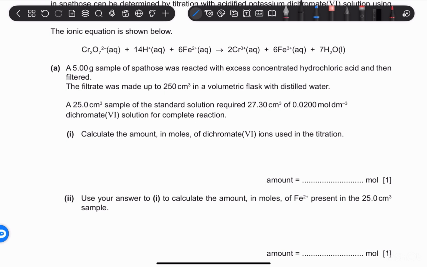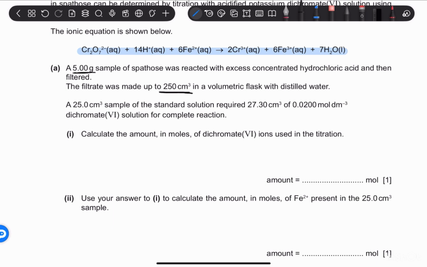We are given this beautiful equation here, and for what it's worth, a 5-gram sample of spathos was reacted with excess concentrated hydrochloric acid and then filtered. The filtrate was made up to 250 cm3 with distilled water.